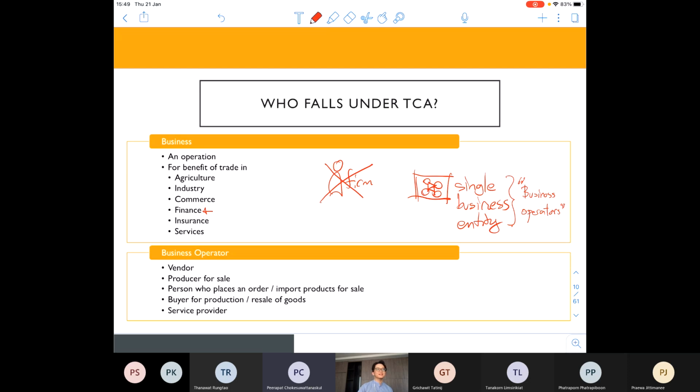Just give me one more, and then I'll go. Yep. Petroleum. Like oil company, something like that. Yeah, it's going to be regulated by ERC, right? Yeah. Yep. Okay, yeah, there's so many.